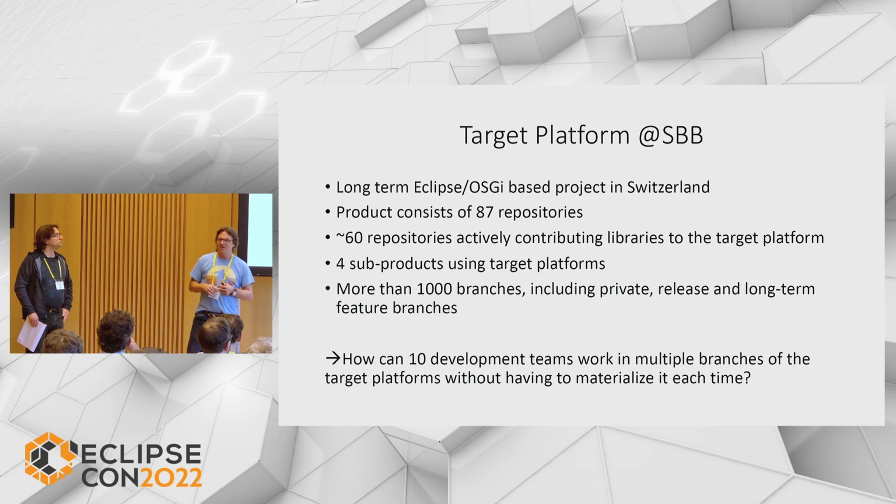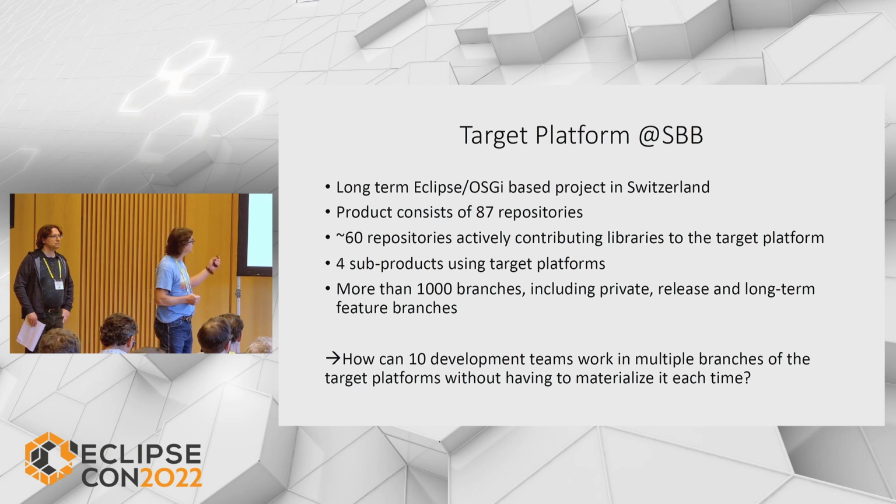Modern projects, I think, tend to, because it's hip, go away from the monorepo. The same goes for SBB. They want to have thousands of repositories with small modules, easy and fast to build. And in the end, everything will be assembled to one big product, and this will be deployed. So what we have now is 87 different repositories responsible to take part in the build of the final product.